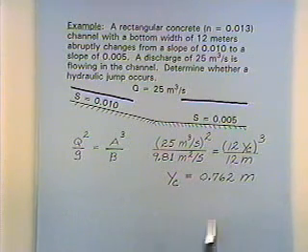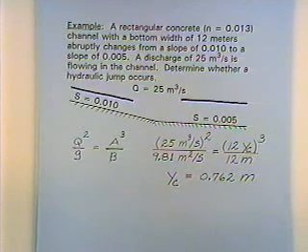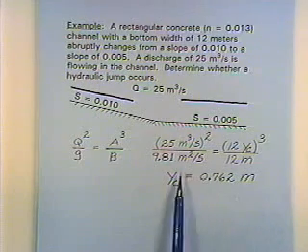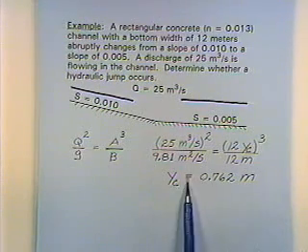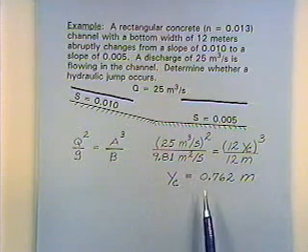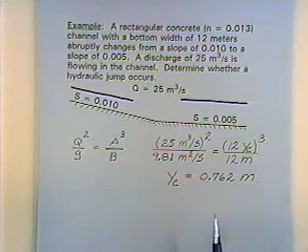And the top width is given as 12 meters. And so we can solve directly and get the critical depth of 0.762 meters. Now again, this isn't necessarily the actual depth, but this is the depth that you would have at the critical flow condition. We don't know at this point whether or not we have the critical flow condition.